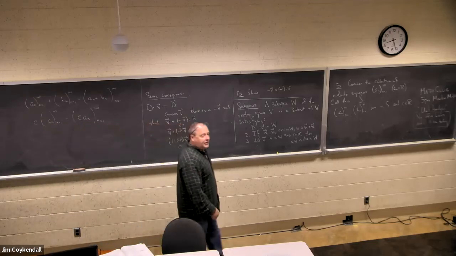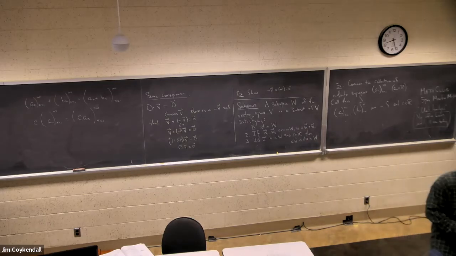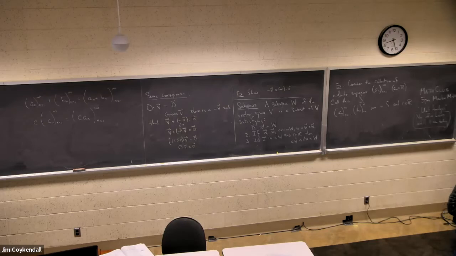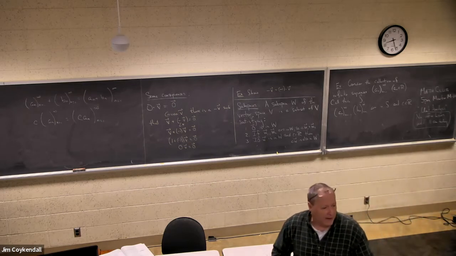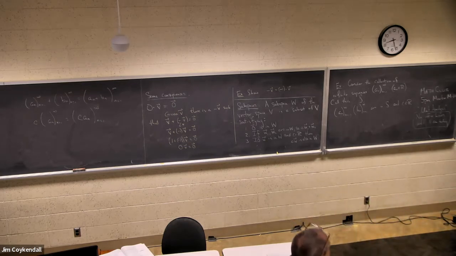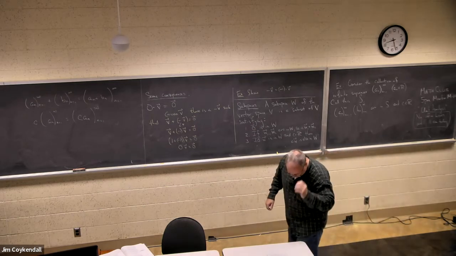Now, the way I've set this up, I've already satisfied the first rule, because the first rule said that when I add two vectors, I need to get a vector. And that's what I've done up there. Two sequences get a new sequence. Number two, being able to multiply a vector times a constant and get a new sequence. There you go. Got that as well. What about the other rules?